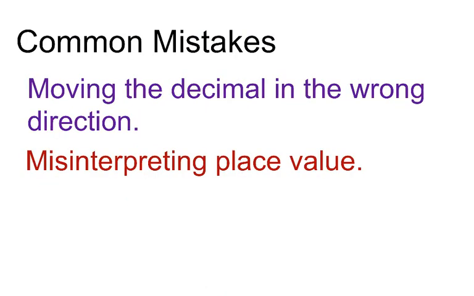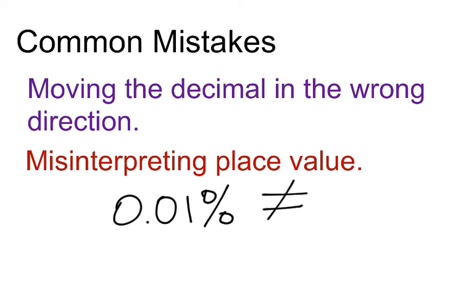So some common mistakes are moving the decimal in the wrong direction and misinterpreting place value. You're going to see these are common mistakes in another tutorial as well. We will get into those common mistakes more in depth when we look at converting decimals to percents and fractions, and look at all three. But in this case, what I really want you to take away is, if this was our percent, we would not represent it as 1 over 100.